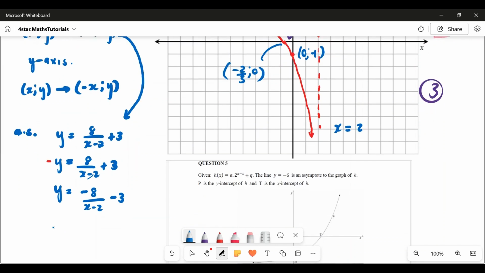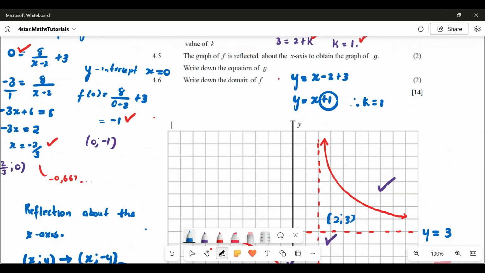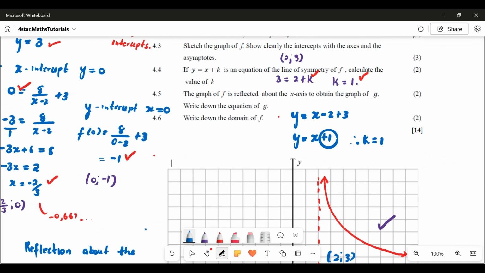Therefore, the equation of g at x is equals to negative 8 over x minus 2 minus 3. This is the equation of g at x, which is the reflection of f about the x-axis.